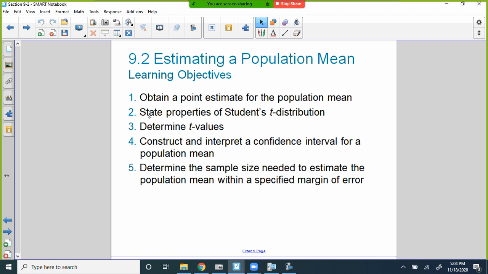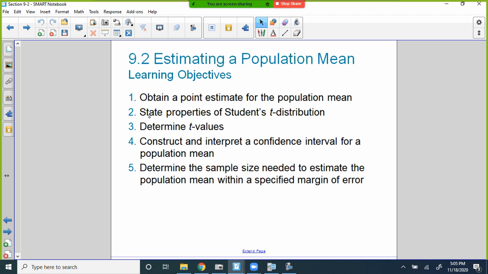And hopefully you are making notes on when to use certain things, okay? For proportion, you're looking at a ratio, x over the n, right, for the p hat.